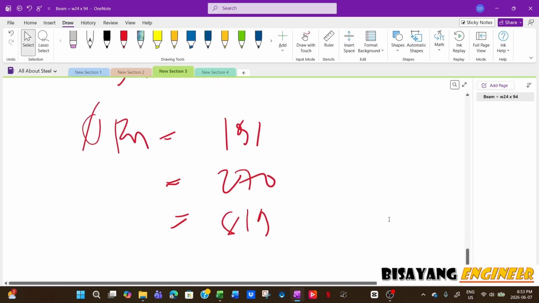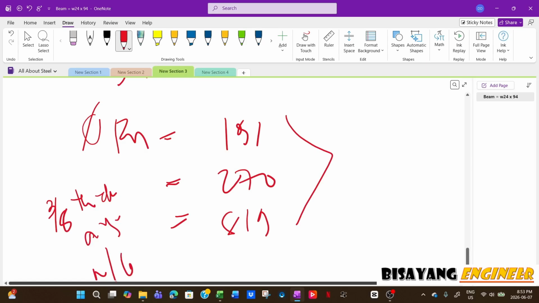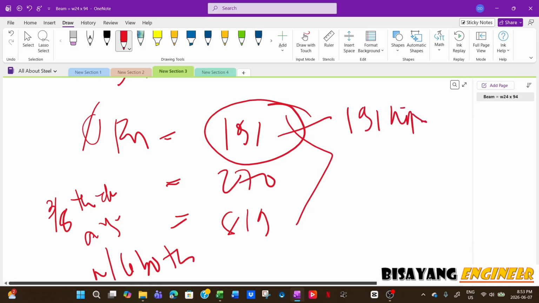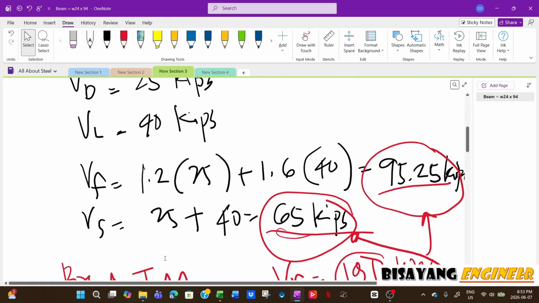So therefore, for your connection with 6 bolts and a 3 inch thick angle, your final capacity is 191 kips, which is still higher than the applied load, which is 95. So that's how you check the capacity of the connection.